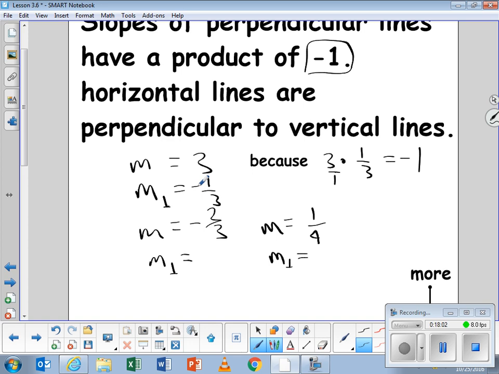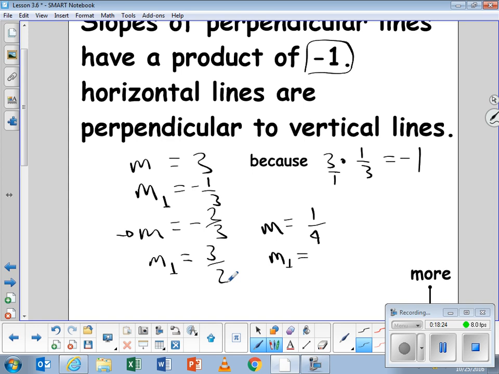Now, if the slope is -2/3, right here, what is the slope of the perpendicular? I heard -3/2. Is that right? No. What should it be? +3/2. Okay.